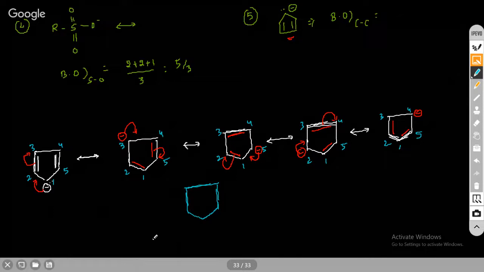Now the point is, when this negative charge is present on all the atoms present in the ring, it means that this negative charge is distributed uniformly or equally over the 5 carbon atoms. Fine. So when equal distribution is there, then the resonating structure is said to be what? Equal contributors.